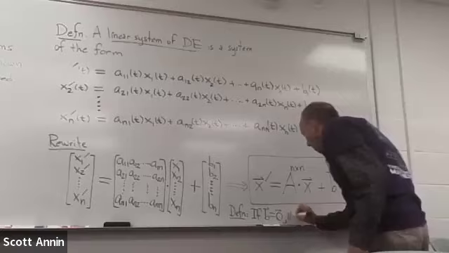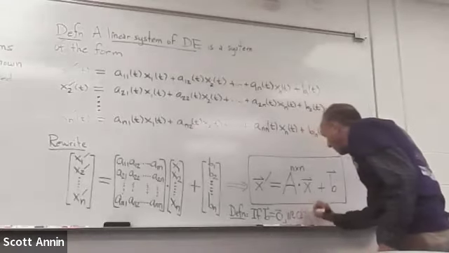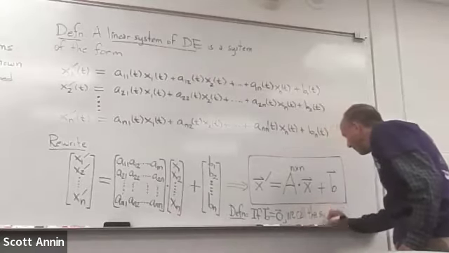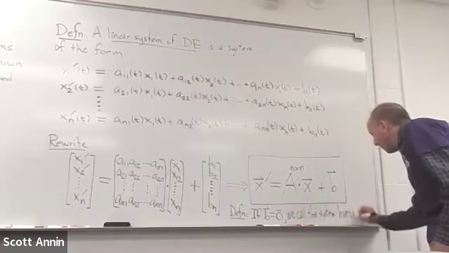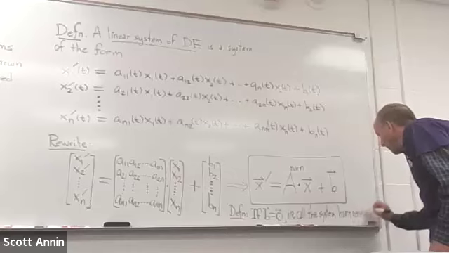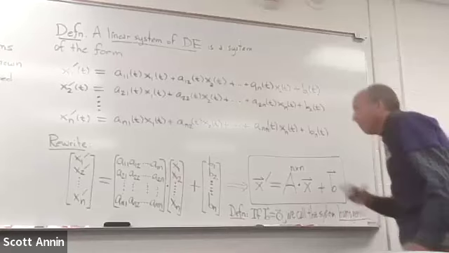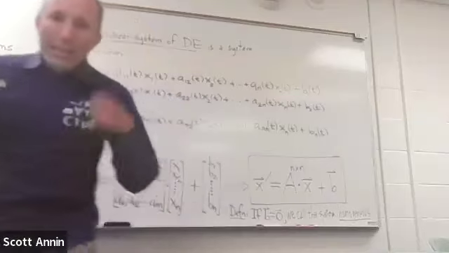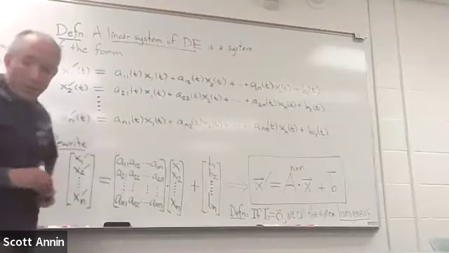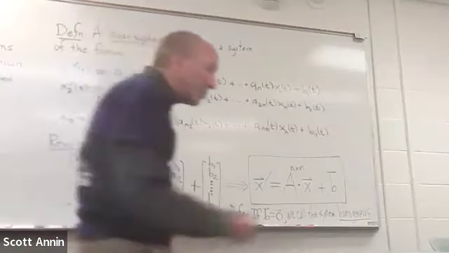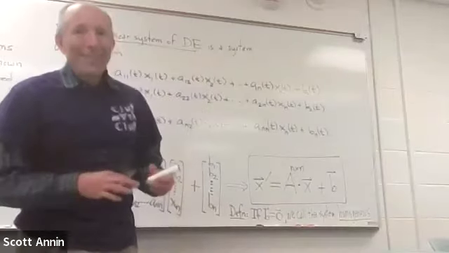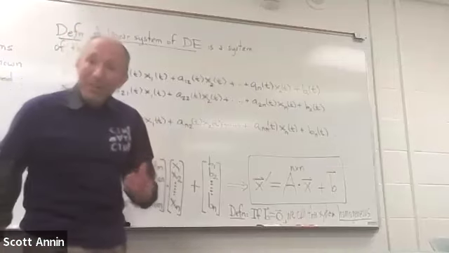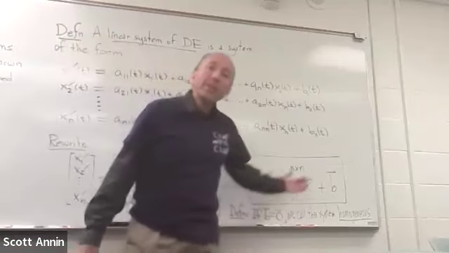So then we call the system homogeneous. That's right. That would be a homogeneous system of differential equations, a homogeneous linear system of differential equations. That's if the b's are all 0. As you might expect, things are a little bit easier if the b vector is 0.